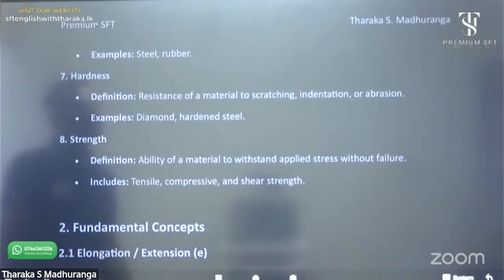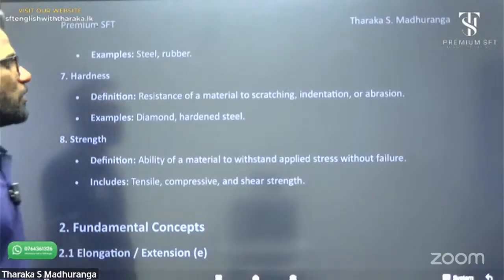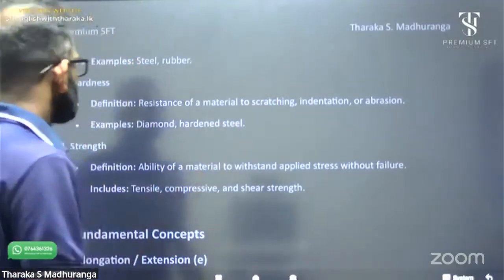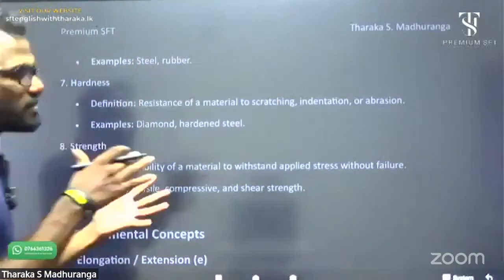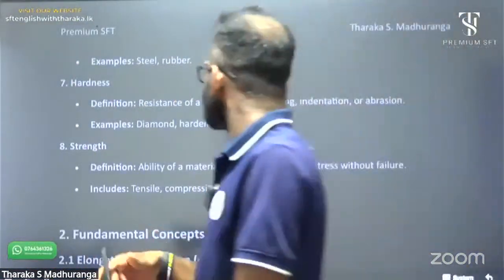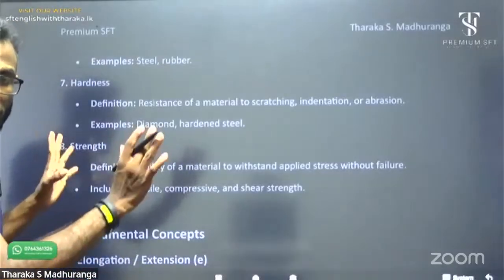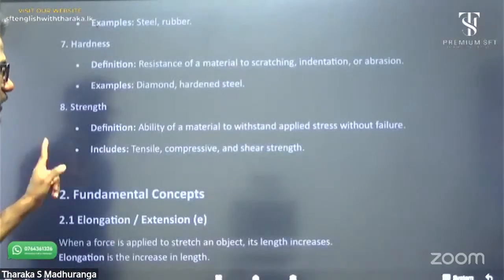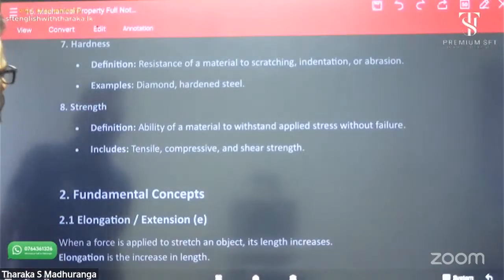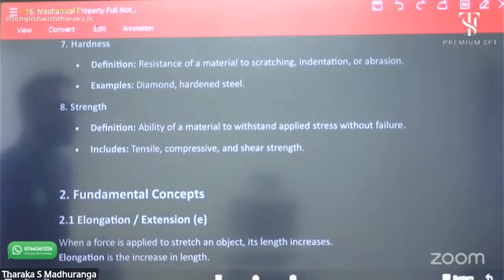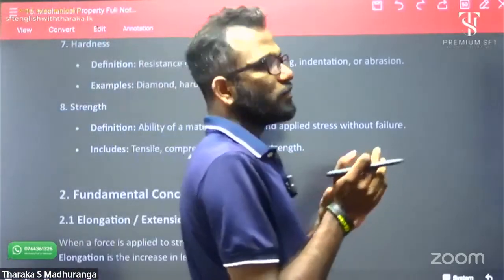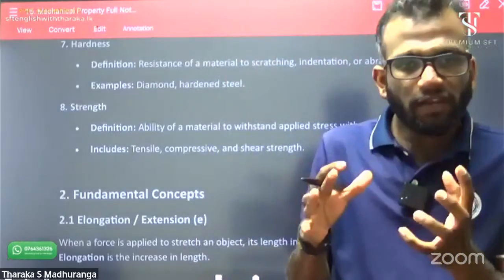Hardness: the resistance of a material to scratching and indentation, like diamonds and hardened steels. You don't need to memorize them, I have given them for your additional knowledge. And strength: the ability of a material to withstand applied stress without failure.